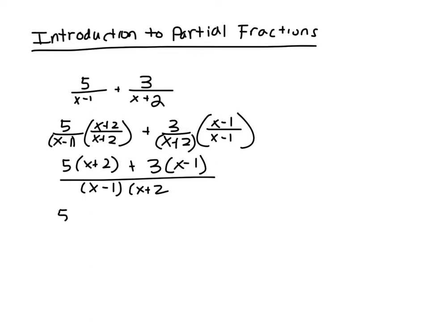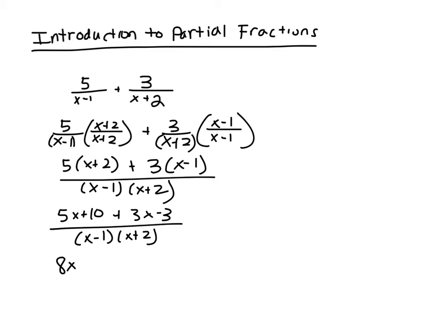We'll have 5x plus 10 plus 3x minus 3. I'm going to leave what I see there on the bottom, x minus 1, x plus 2. Alright, let's combine like terms. So I have 5x and 3x, so that's 8x. And then I have 10 minus 3, which is 7. And then I have x minus 1, x plus 2.